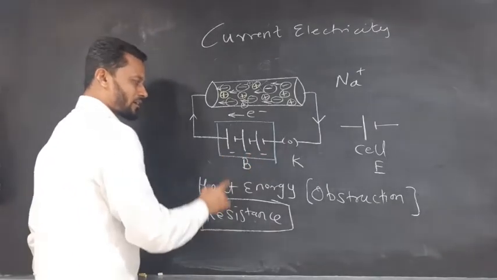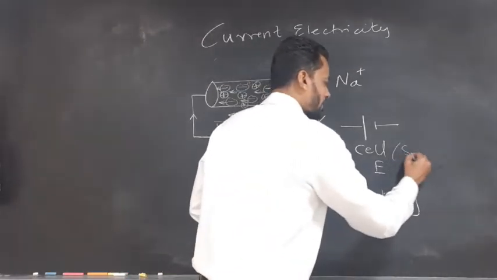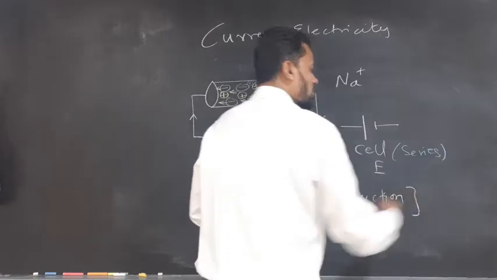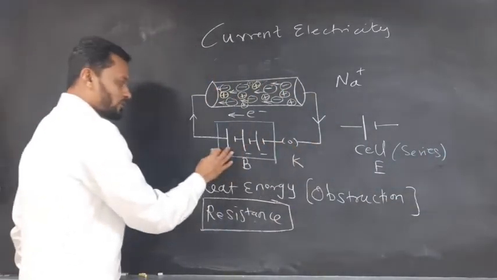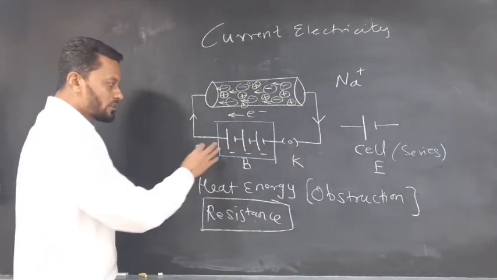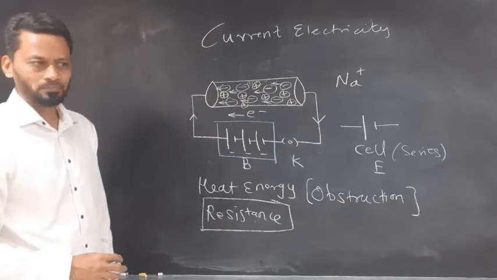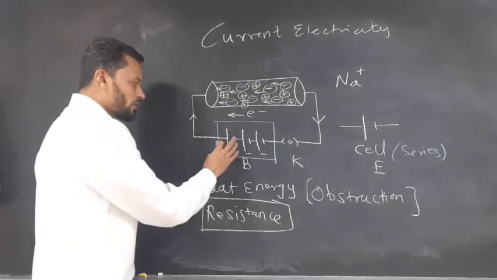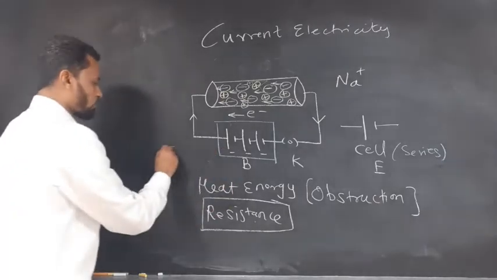These 3 cells are connected next to each other. That means they are called a series connection. So in this series connection, cells convert into the battery. This battery provides the energy for the electrons to move. Now, this battery which we have connected is nothing else but also called the source.